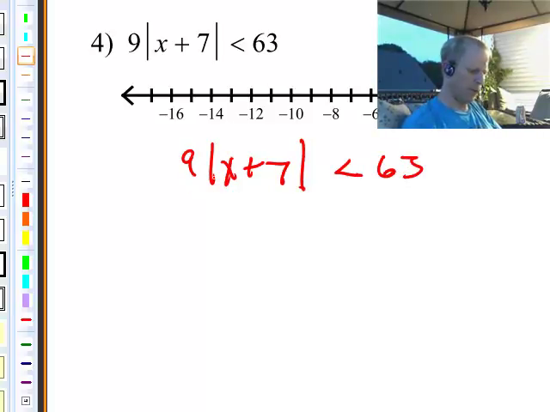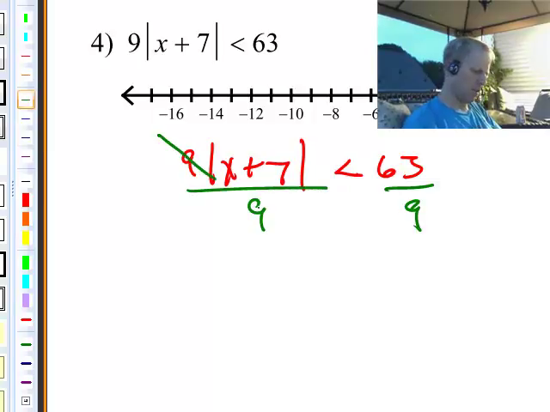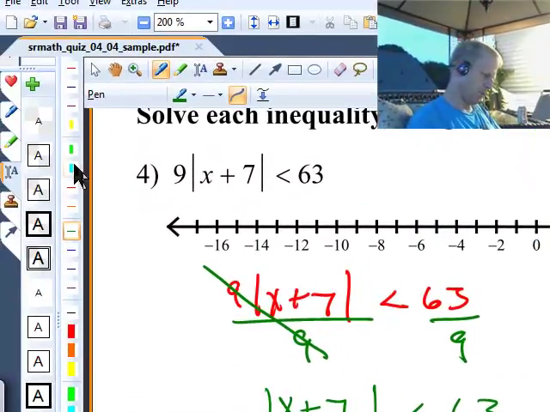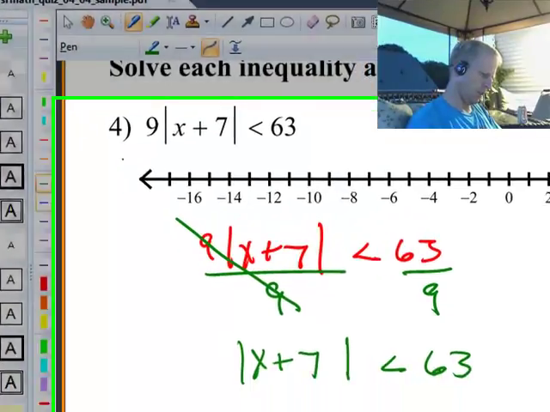But before we do that, we have to isolate the absolute value expression on the left side of the sign. So to do that, I'm going to have to divide by 9. Okay, so now I'm ready to get rid of the absolute value symbols and convert into an in-between inequality.